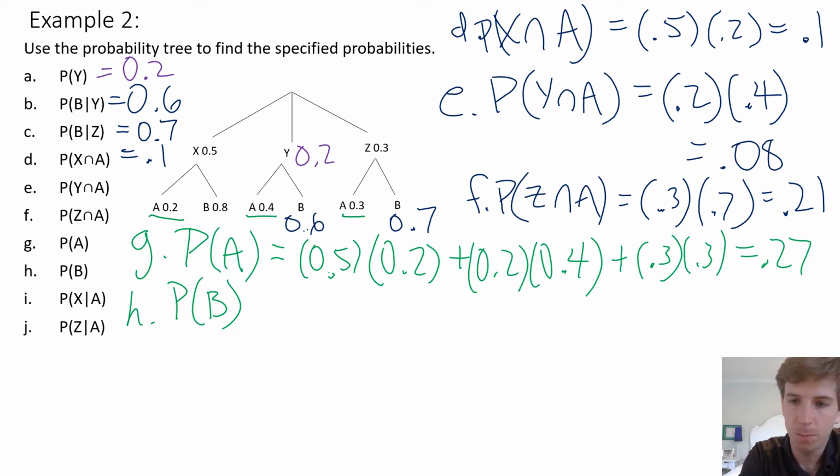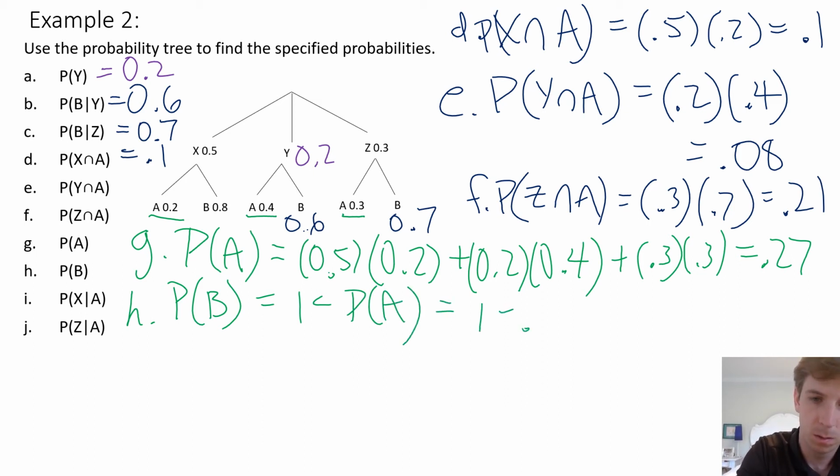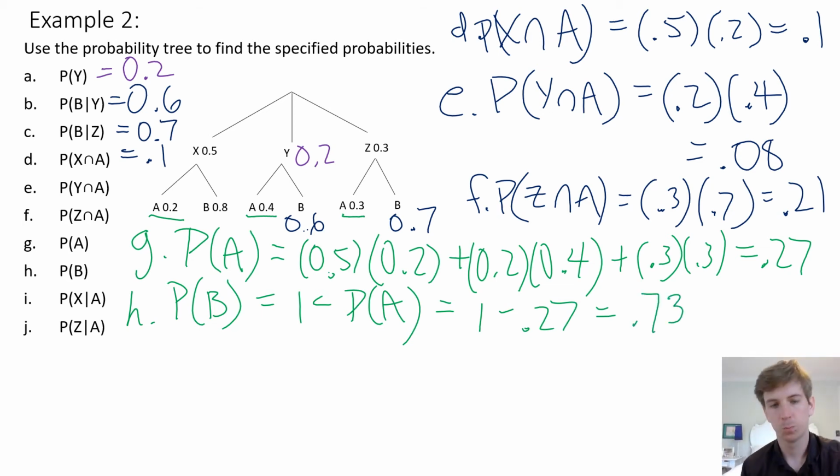We've already found the probability of A, so we can just do 1 minus the probability of A. And therefore, the probability of B is just going to be 0.73.